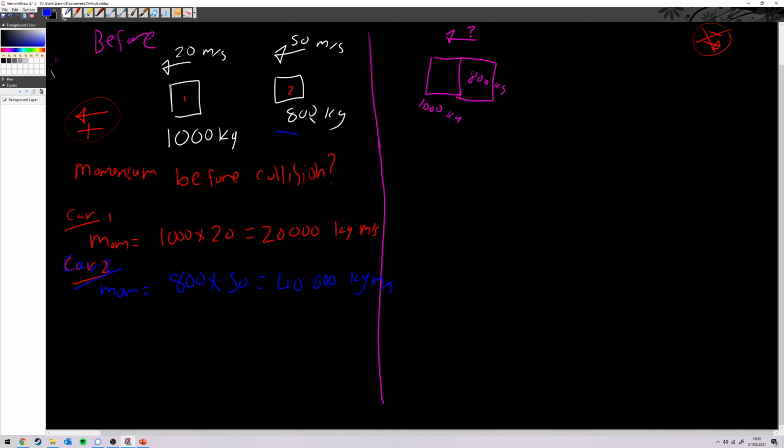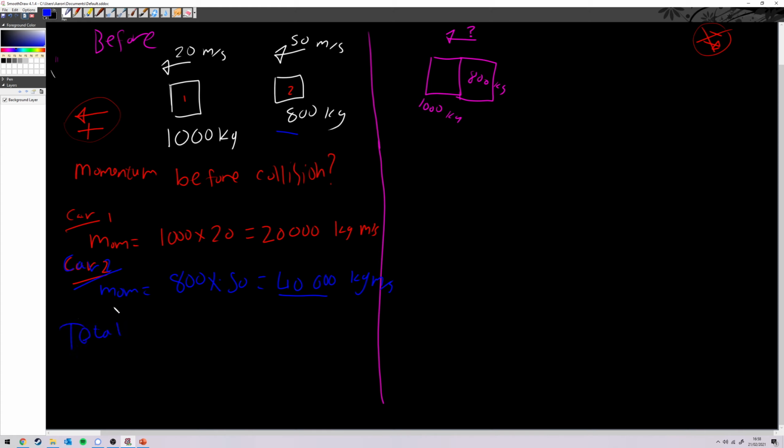So even though car 2 is 200 kilograms lighter than car 1, because it's moving at a faster speed, it actually has a higher momentum. So in this case, because they're both going to the left, we can add those momentums together. So what is the total momentum before the collision?